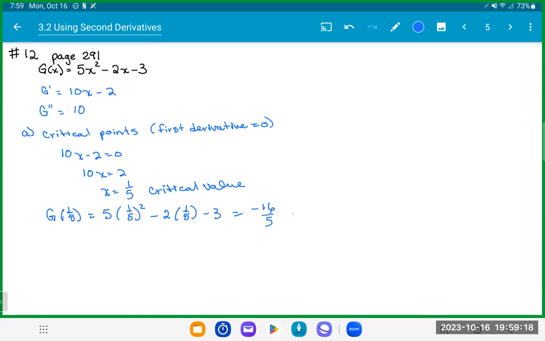Okay, so this gives me my y value. Now we do it at our second derivative. Well, there are no x's, so it's just 10. So this is positive. Since it's positive, that means we have a minimum. And so we have that minimum at the point 1/5, negative 16 over 5.